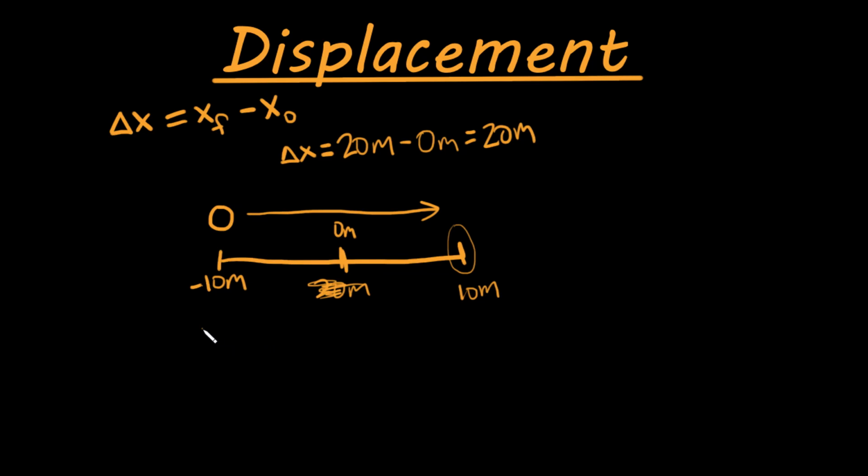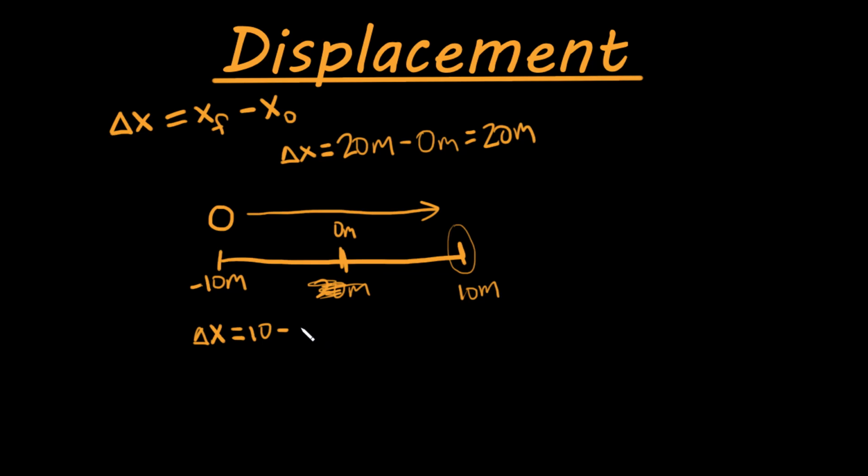And we could still do the problem like this. And the reason is displacement also accounts for the negative direction because it's a vector, and so if something moves in the opposite direction, then it would still work. So change in x, or displacement, is going to be equal to our final position. So our final position is over here at the 10 meter mark, minus our initial position, right? X final minus x initial.